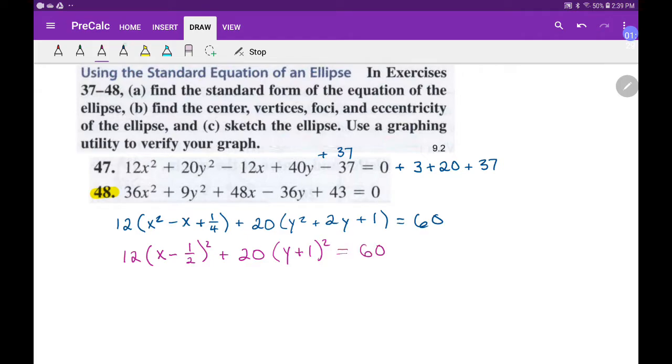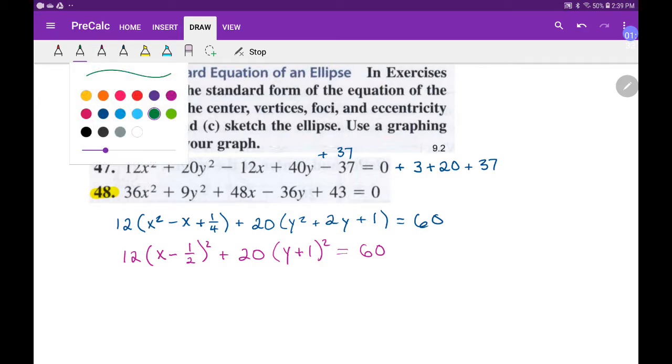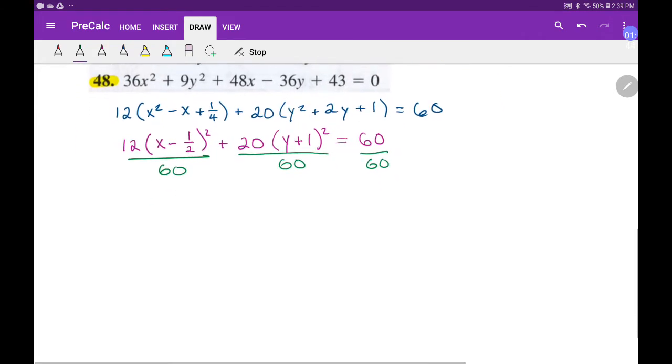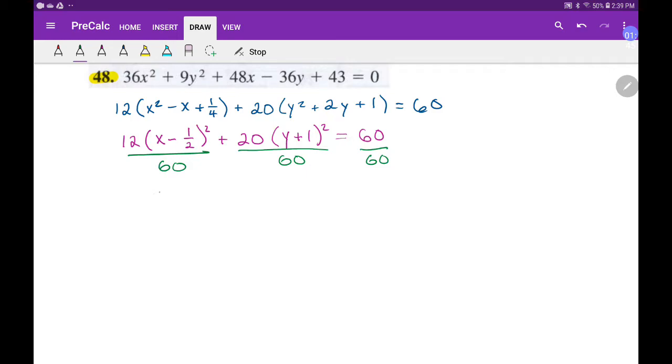I'm going to divide everything by 60. Not quite as nice as what I'm used to getting here. I'm now going to have x minus 1/2 on top squared over 5.